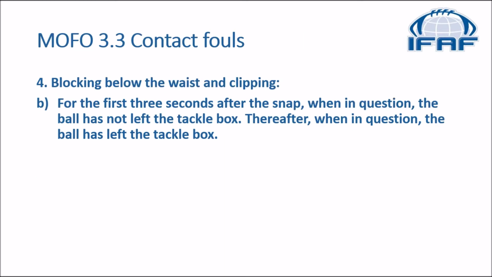In the MOFO, we start with section 3.3 contact fouls. 4 deals with blocking below the waist, and B says for the first 3 seconds after the snap, when in question, the ball has not left the tackle box. Thereafter, when in question, the ball has left the tackle box.